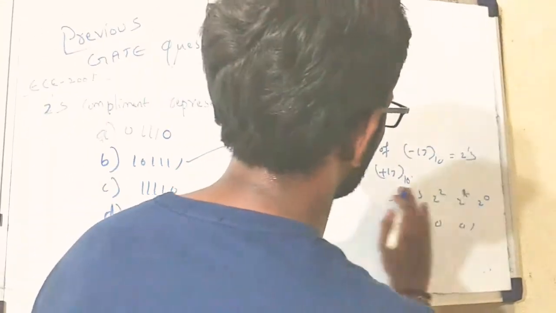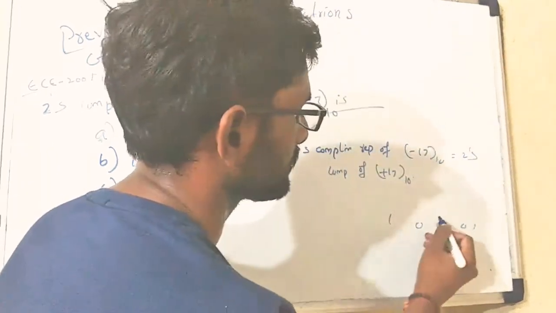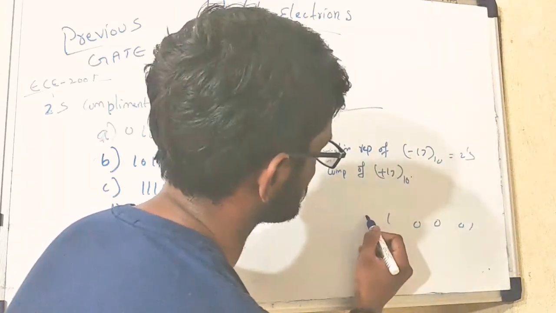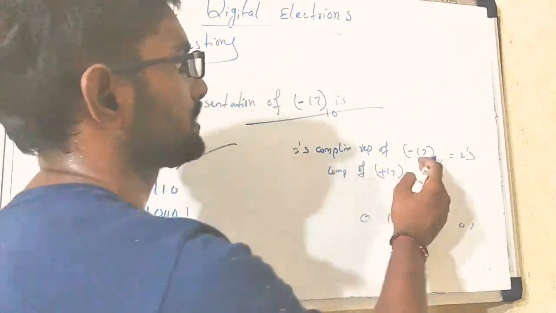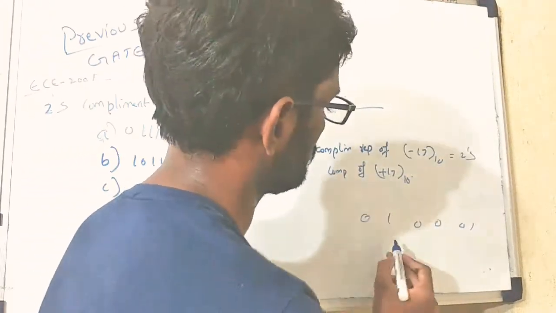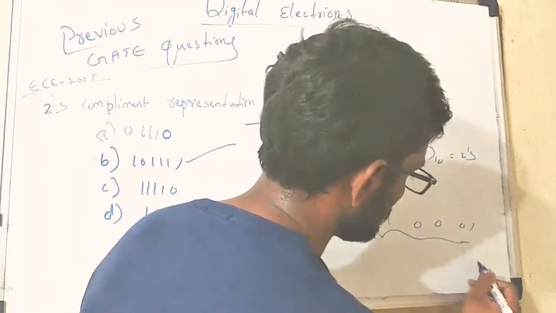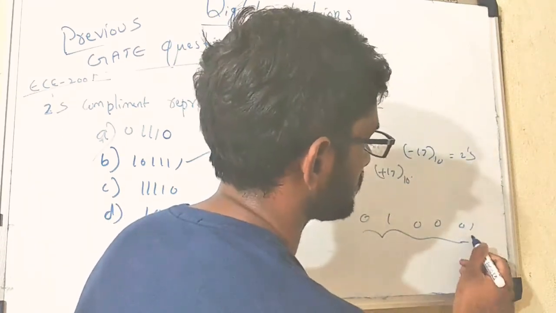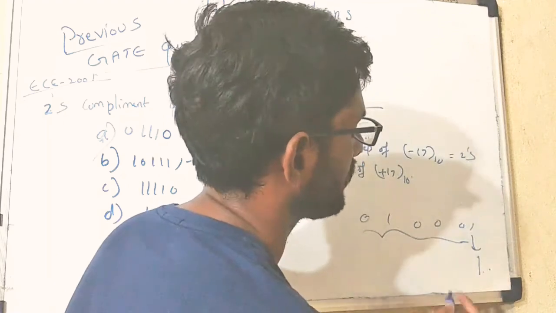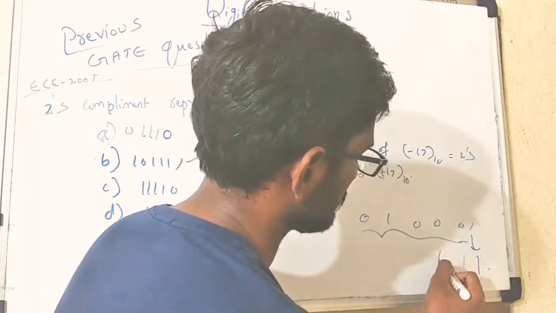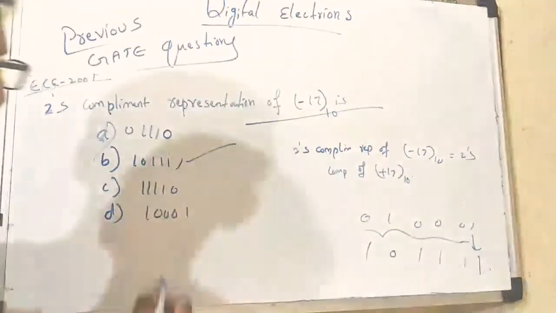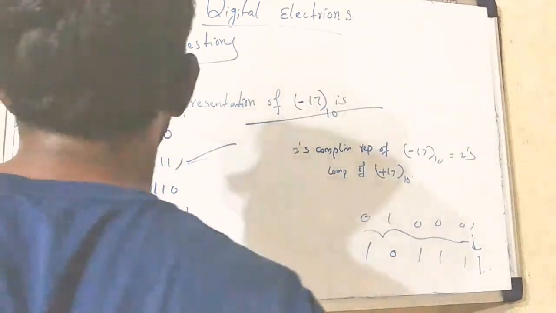This is the binary value for 17, with sign bit 0 since plus indicates the bit is positive. The 2's complement of minus 17 equals the 2's complement of this number. Take the 2's complement of this number. This is 1, write 1 as is. Before the 1, all the values are complemented: 0 becomes 1, so we get 1 0 1 1 1. We are getting the same value.